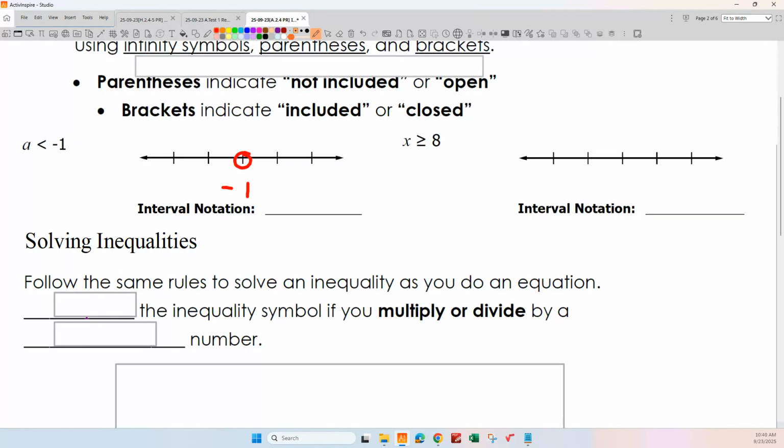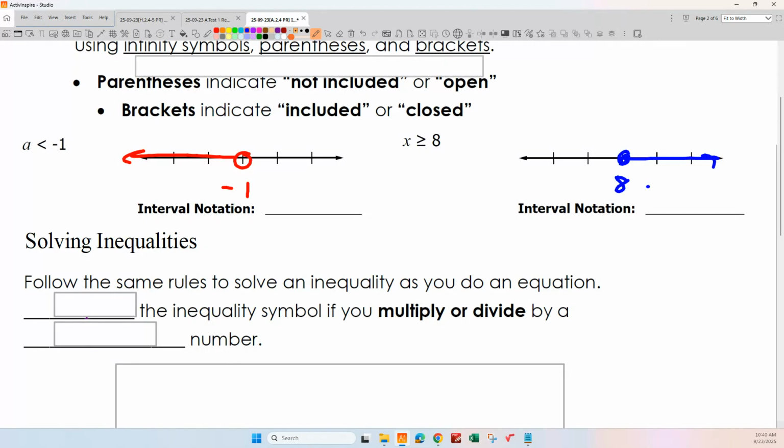Lesser values on the number line always sit to the left, and greater values sit to the right. 5 is greater than 2, so it's to the right of 2. How about this one? If that's 8 and x is greater than or equal to 8, closed endpoint, shading to the right. Good.